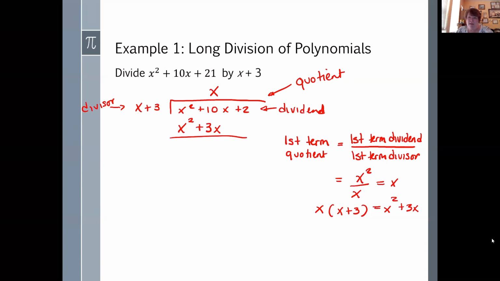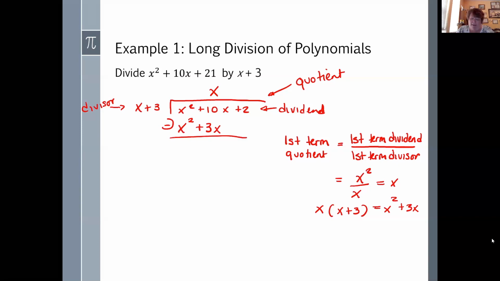You are subtracting x squared plus 3x from x squared plus 10x. And you remember, when you subtract an algebraic expression, you change the sign of every term in that expression, and then you add. So I actually write down that change in sign in my long division so that I can remember I'm subtracting. So I have plus x squared.